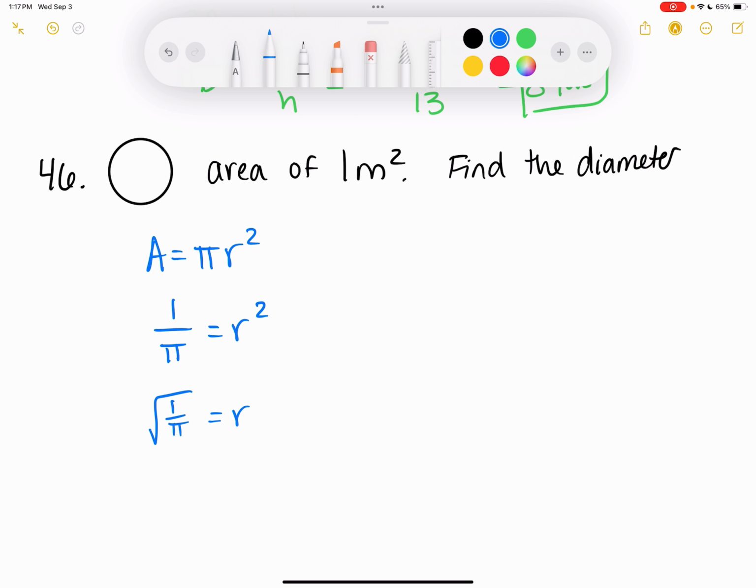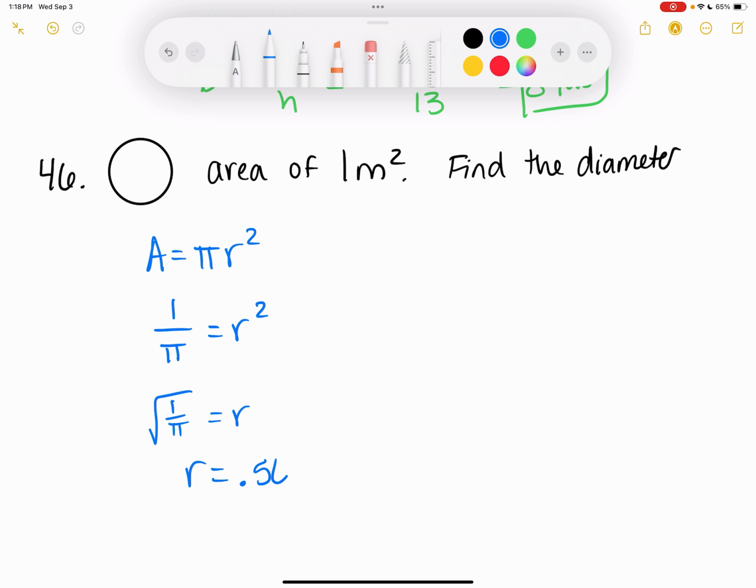So on your calculator, there is a button over on the left-hand side. It's above the x squared button. If you hit the second button up here and then the square root, it will let you type in 1 divided by, I'm just going to use the pi button for convenience, so 1 divided by pi, and I get 0.564, so I'm just going to say 0.56 is my r.